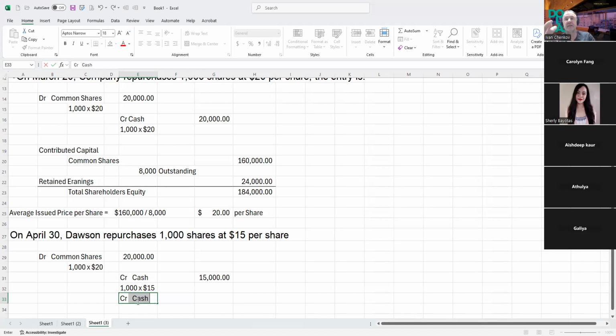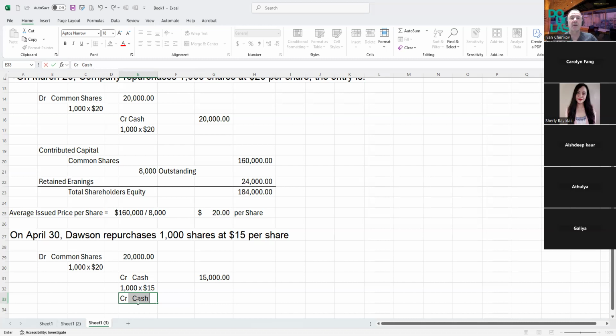So do you understand the whole idea here? Somebody pays you $20 for one share. Later on, you're buying the same share from the same person, but you're buying it cheaper. You're paying only $15. So now you keep the $5 for yourself, and now you can sell the shares again. So the $5 in this case will represent contributed surplus. And that's how we're going to record it.